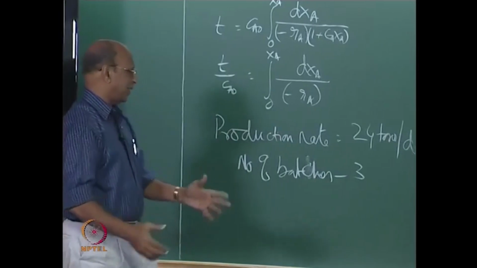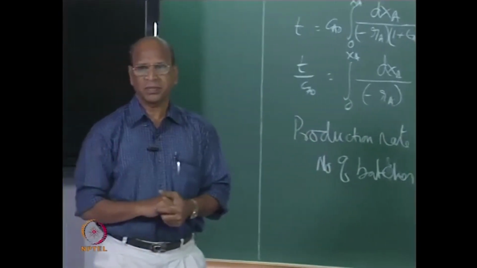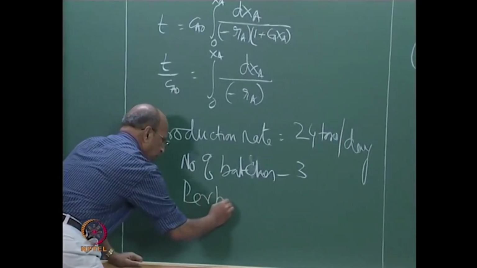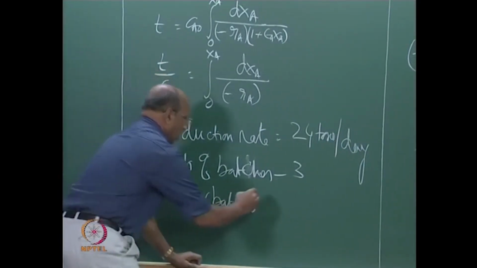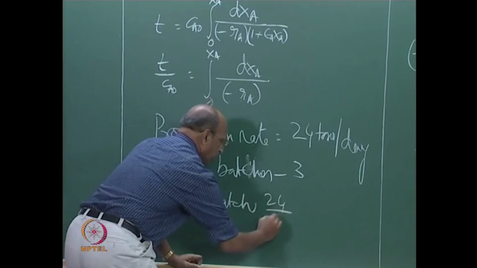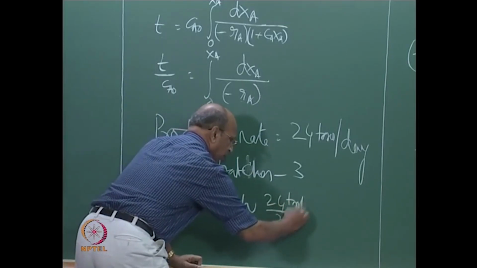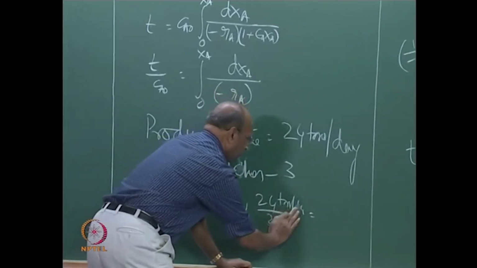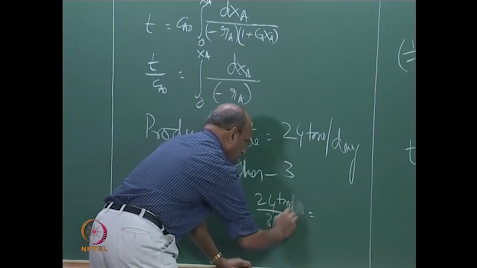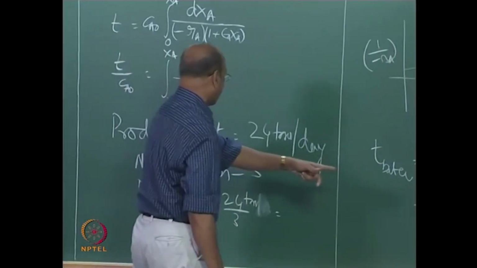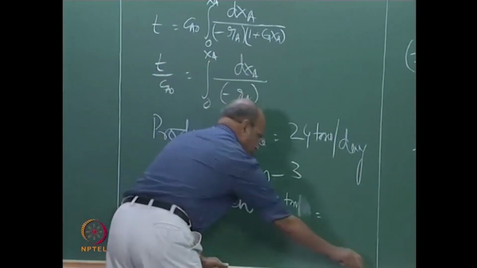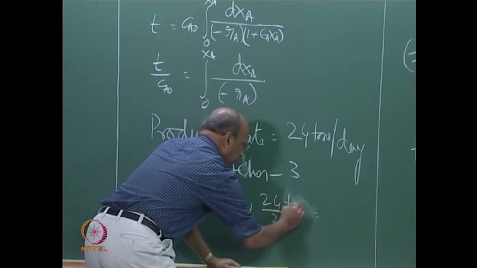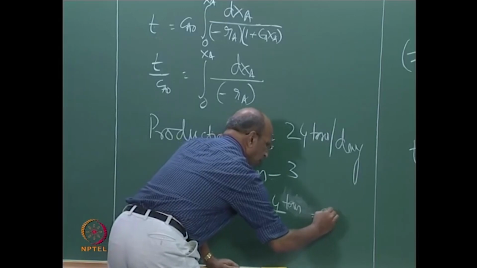Now per batch, how many tons? You have 24 by 3 tons per day. So, 3 batches and each batch will have 8 tons.